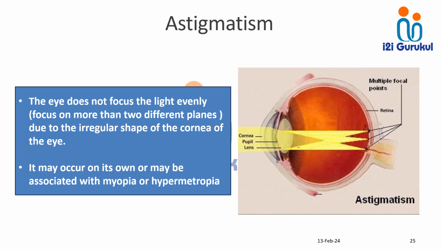Okay, with this condition the patient will complain of a tilt of the head to see objects, headache, defective or blurred vision, eye strain, squinting, giddiness. These are the symptoms the patient will report to you.